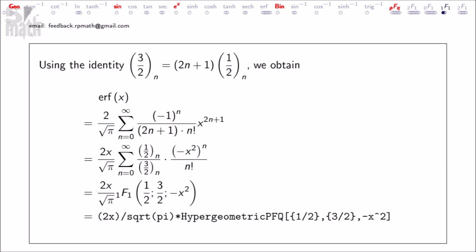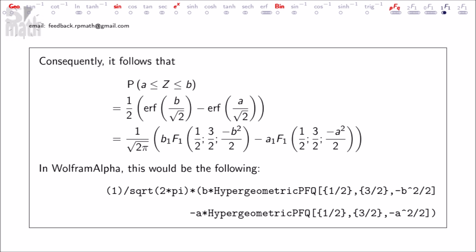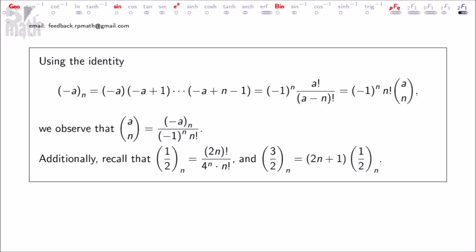Using the identity here, we obtain the error function. Consequently, it follows that this. In Wolfram Alpha, this would be the following. Using the identity here, we observe that this.